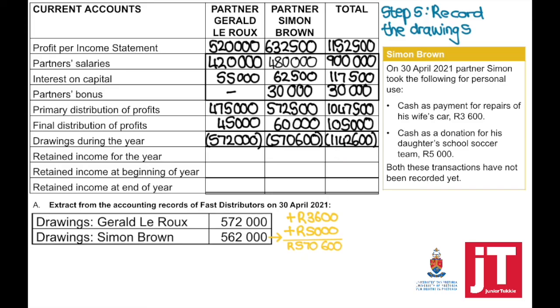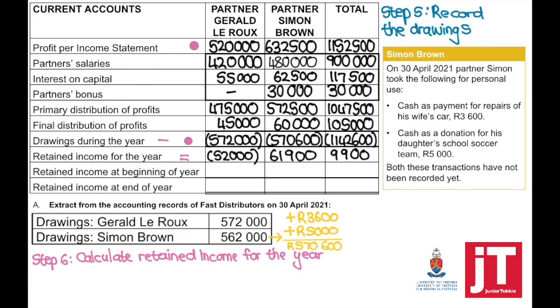This must be shown in brackets. Our next step, step number 6, calculate the retained income for the year. To calculate the retained income for the year, it's our profit per income statement minus the drawings for the year.